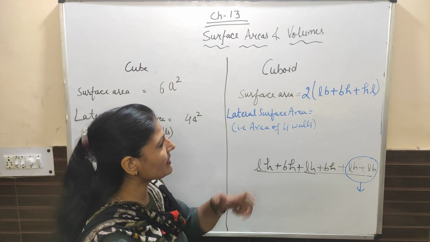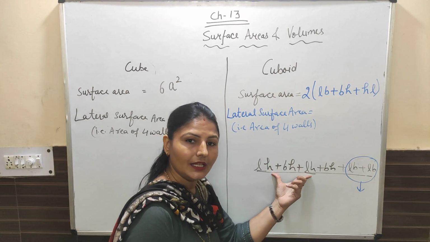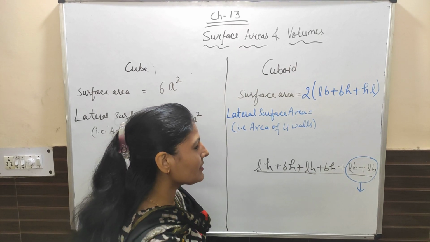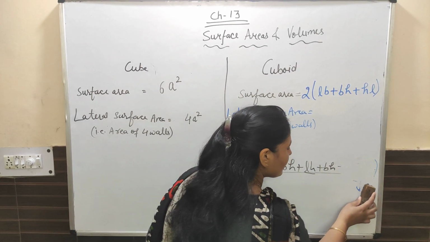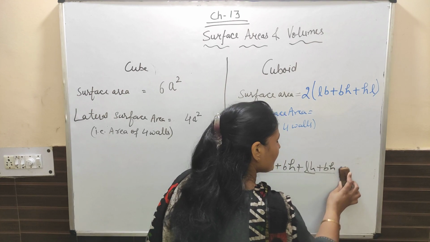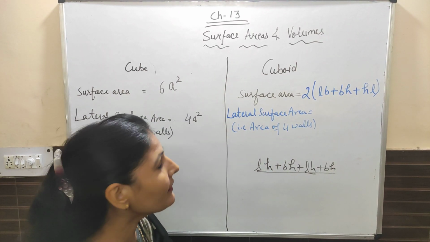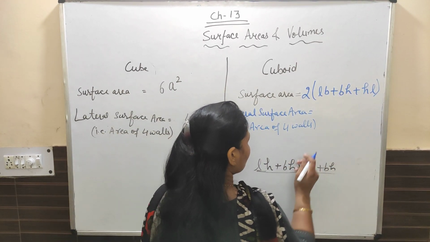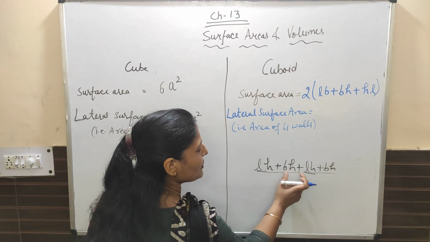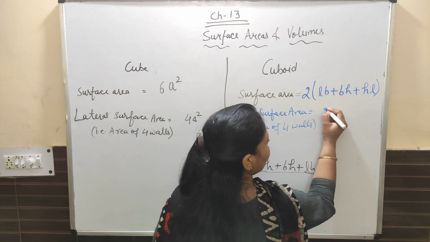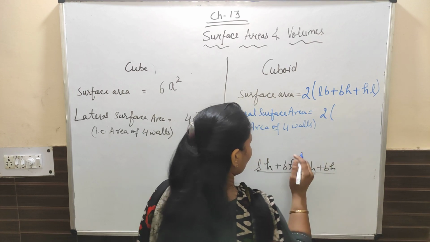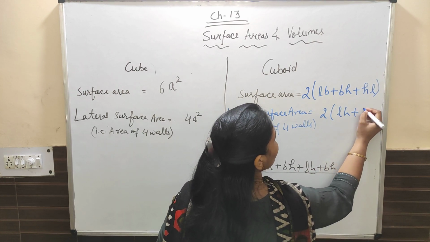In lateral surface area we have to count only the area of 4 walls. It means we can exclude this part. We can remove it from here and we get the area of 4 walls. Now what will we get? 2LH plus 2BH. Again take 2 common. We will get LH plus BH.